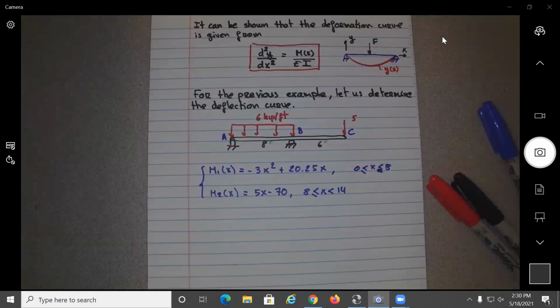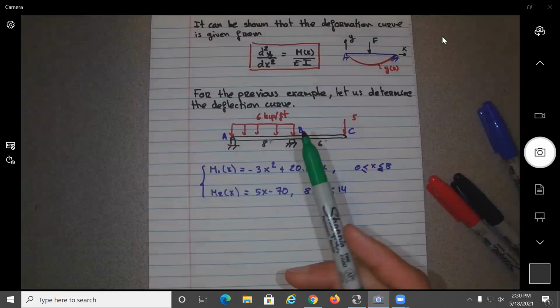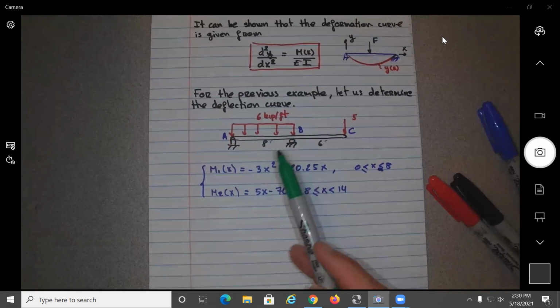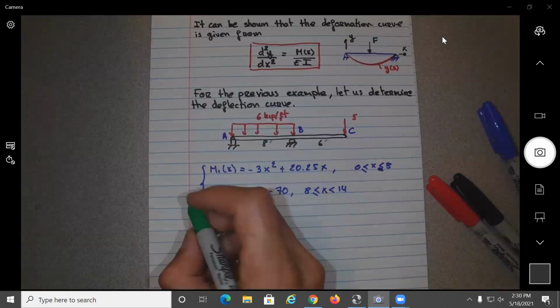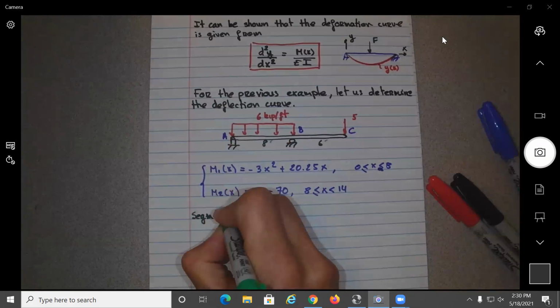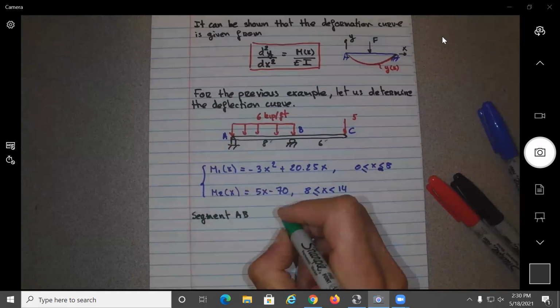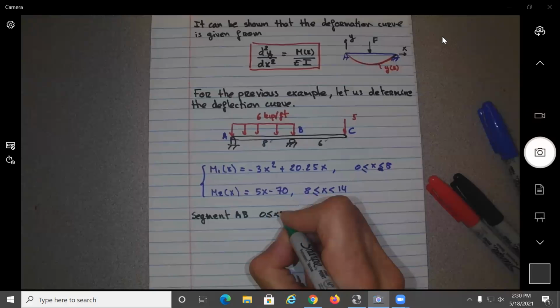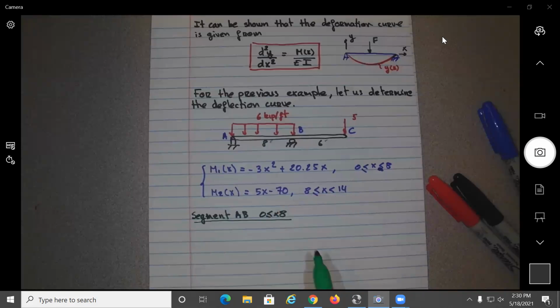Okay, so basically, what does that mean? We have a different form. M1 is between A and B, and M2 is between B and C, no? Okay, so let's start with segment AB, which is for x between 0 and 8. What are we going to have?